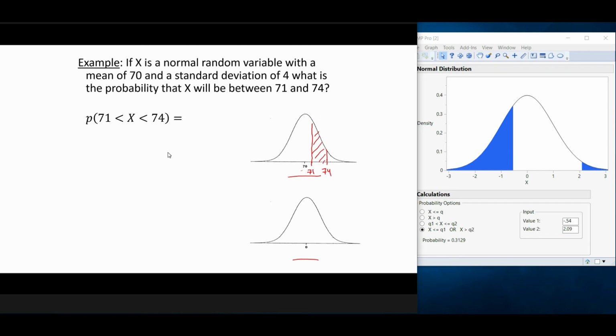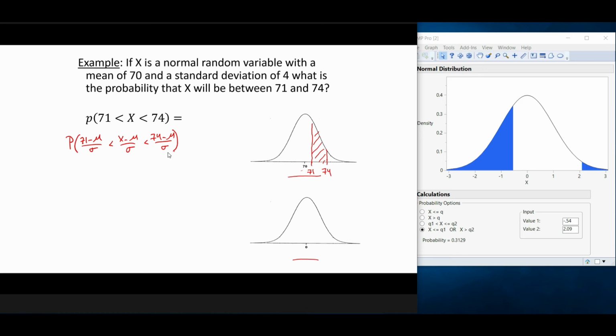One of the things I can do is standardize this. So I'll calculate that as the probability that 71 minus mu over sigma is less than x minus mu over sigma is less than 74 minus mu over sigma.